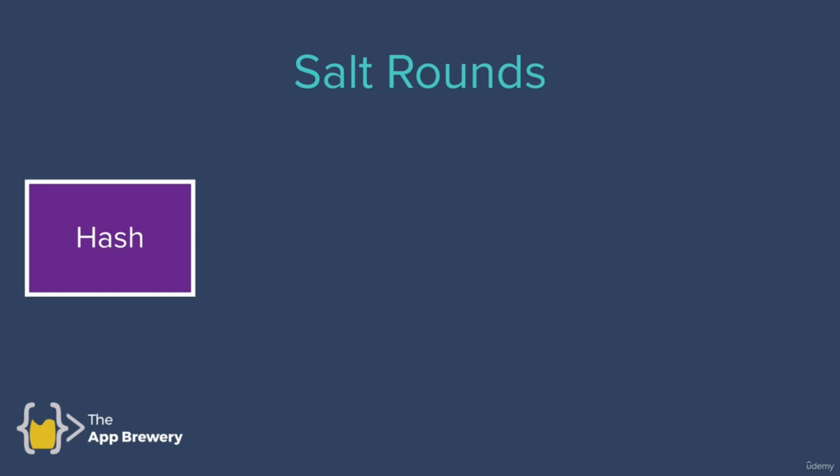So that means maybe this year in 2019, you salted 10 rounds, but maybe next year you can increase that number to 12. And for every increase in that number, the amount of time that it takes to hash your password doubles. And so that means you don't have to change your hashing algorithm or update your code other than simply changing one number to keep up with the times.